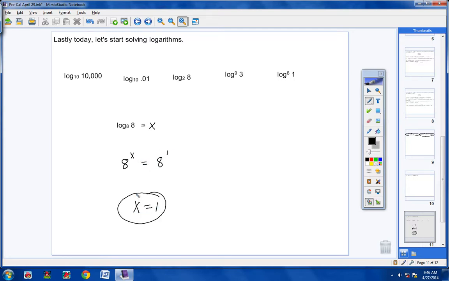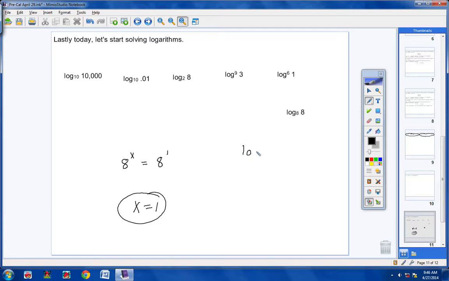The logarithm equals 1. Now, can I show you something? We're going to go over this later, but I'll go ahead and show you a little secret right now. Anytime you have a logarithm like this one here, take a look at this. Whenever your base is identical to your argument, they have to be identical, the answer will always be 1. Always.